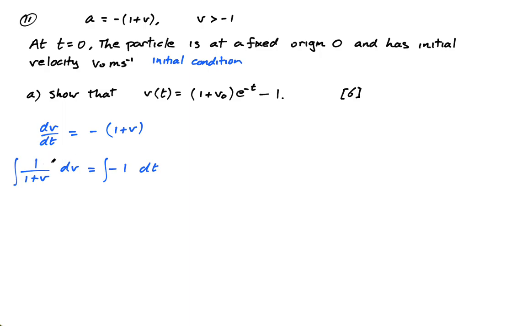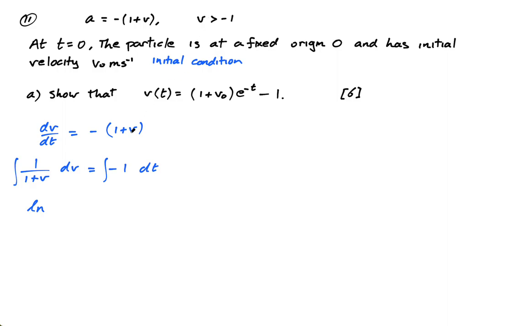What's the integral of 1 over 1 plus v? Well, it's ln of 1 plus v. Now normally, guys, we put in the modulus sign, but this is why I said v is greater than -1.